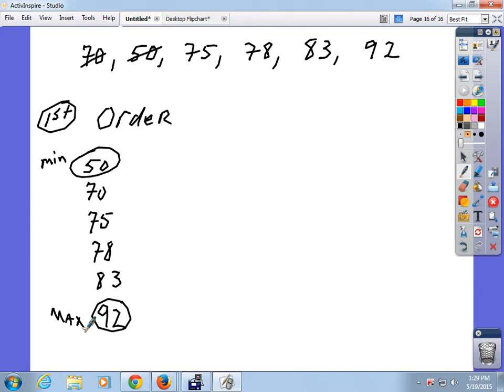Mean. Well, the mean of anything is the summation of x over n. Okay? So, how many is n? 1, 2, 3, 4, 5, 6. And now just add these up. Let's see. 50 plus 70 is 120.